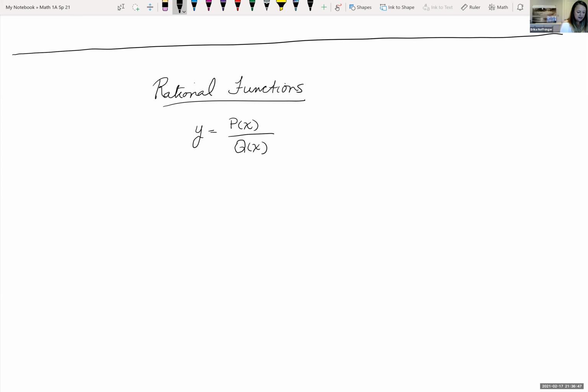And so depending on a couple of things, we can have vertical asymptotes. And so what would happen here is I'm looking at the limit as x is approaching some x value of a, of this p of x over q of x.